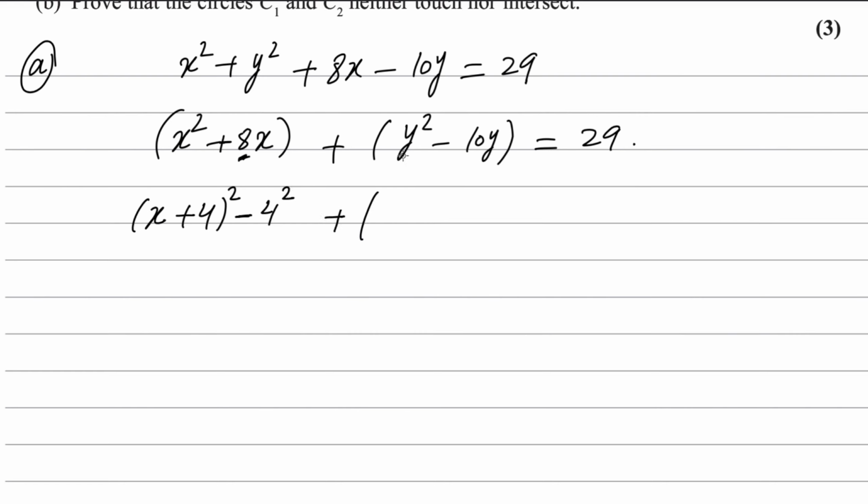Same here, what is the half of 10? That is 5. So you can write as y minus 5 whole square, because you added here 5 square, so same number you will subtract, same square, like square of 5 you have to subtract from here to balance it. So this will be equals to 29.